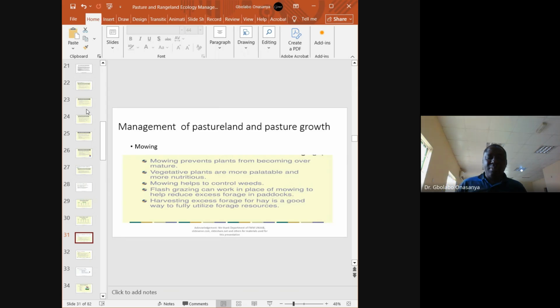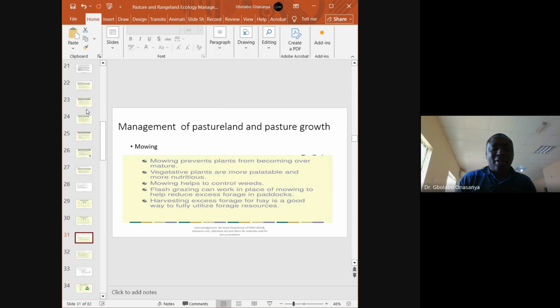We must manage them in terms of mowing, cleaning, like cleaning when they are overcrowded. For instance, all those gamba grass, elephant grass, guinea grass, when we have more tillers, you can thin and resupply. We can prune. If it is a leguminous plant, we can prune them to hold efficient growth.